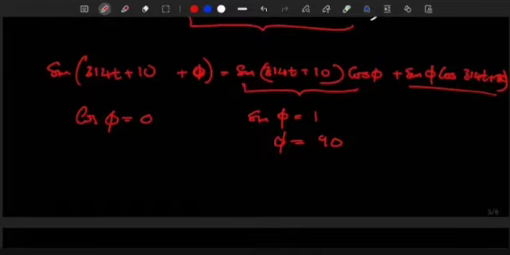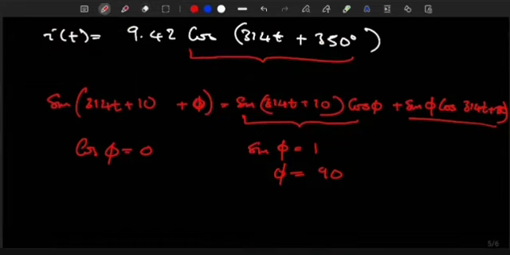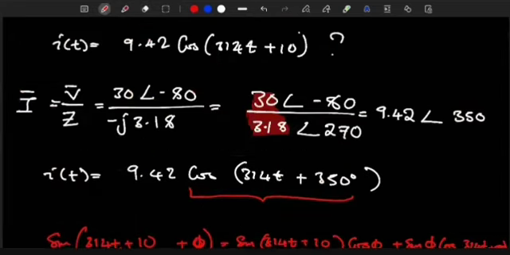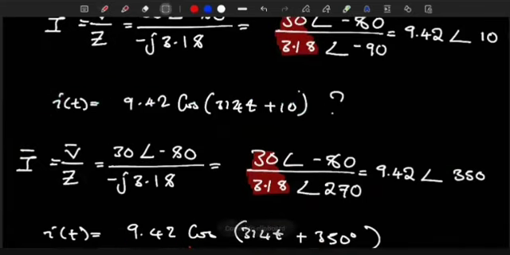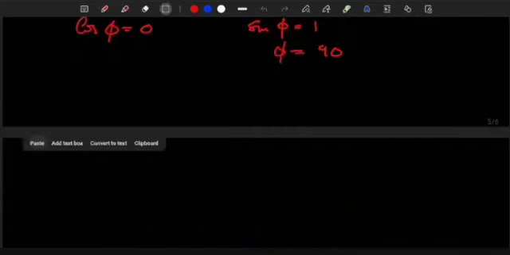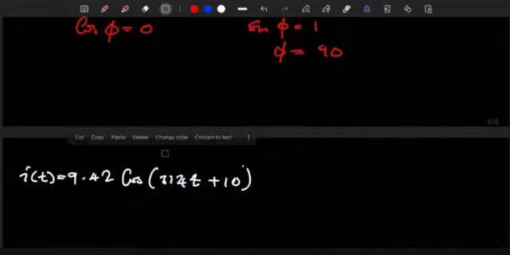So with this done, we now have our expression. I got the one with a 10, which is this. This expression will be the same.